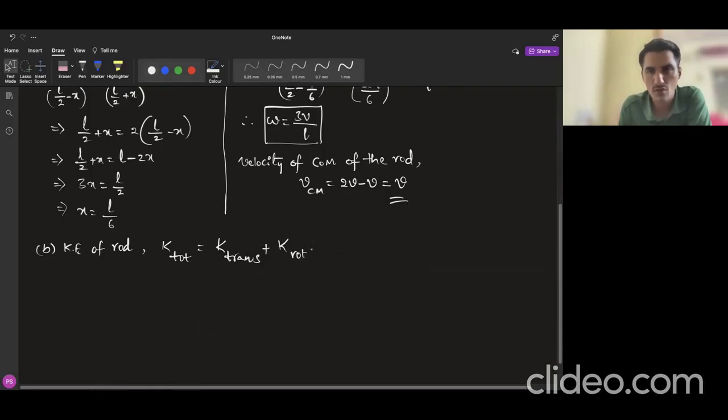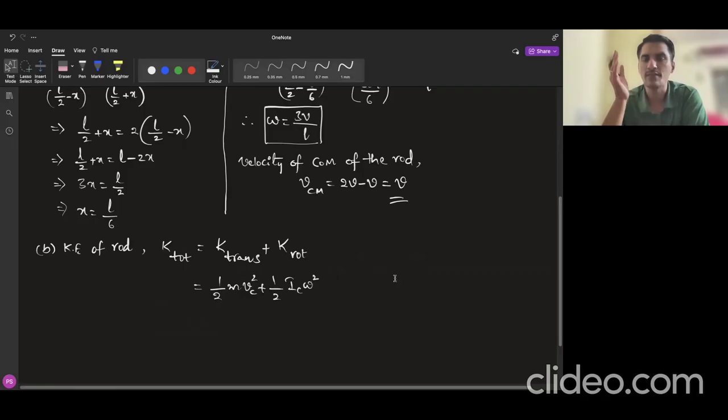Pure rotation means you don't need to consider that point P. So kinetic energy is half m Vc square plus half Ic omega square. If you are calculating rotational kinetic energy separately, you have to calculate it about the center of mass, half Ic omega square.